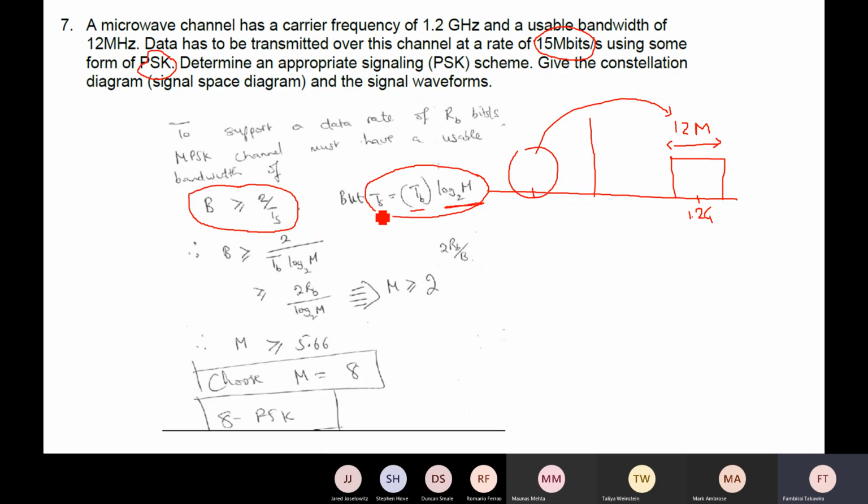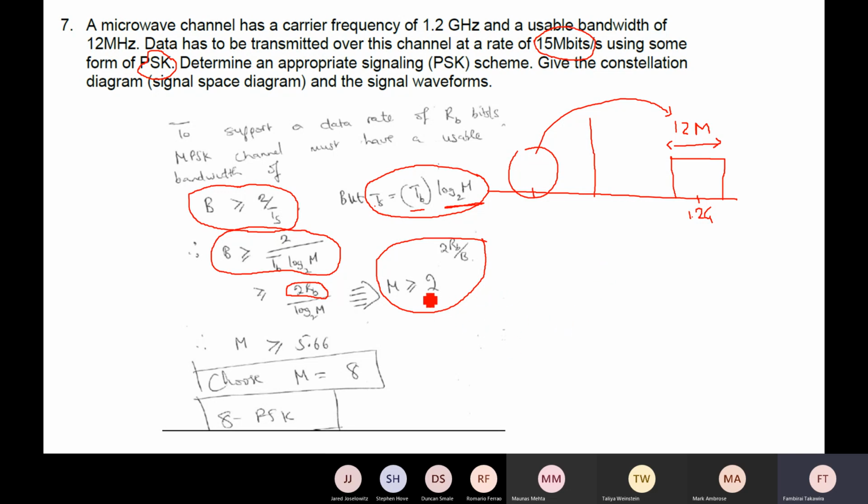So with this relationship between Ts and Tb, we can then say that the bandwidth as a general form is given by 2 divided by Tb times log to the base 2 of M, which is 2 times Rb, being equal to 1 upon Tb, divided by log to the base 2 of M. Which means we can say that the relationship between M, Rb, and the bandwidth is M must be greater or equal to 2 to the 2Rb upon B. And for our specific example, our Rb is 15 and B is 12.